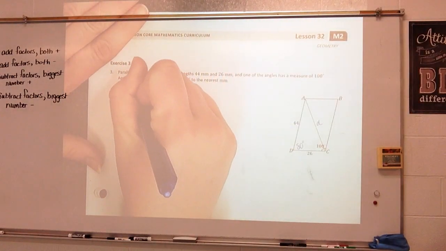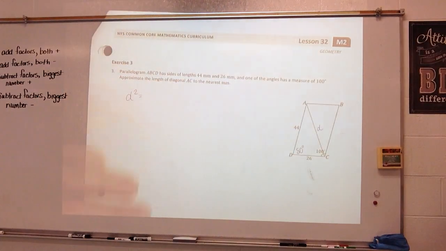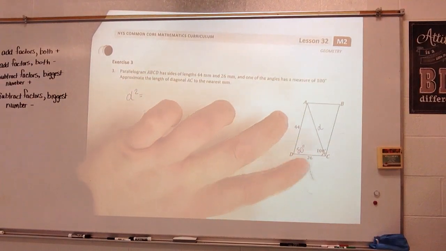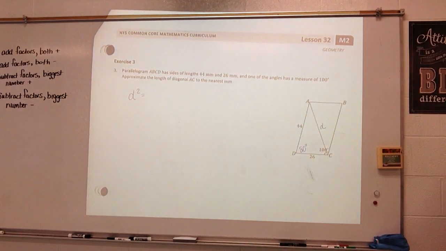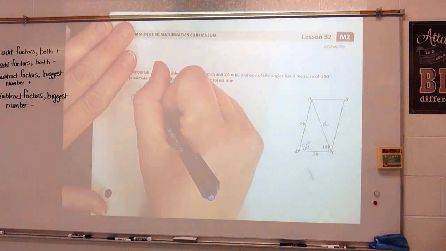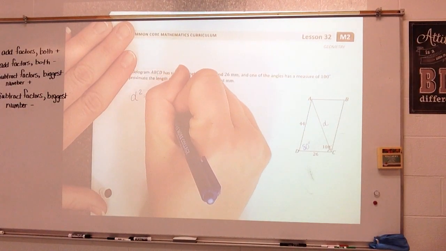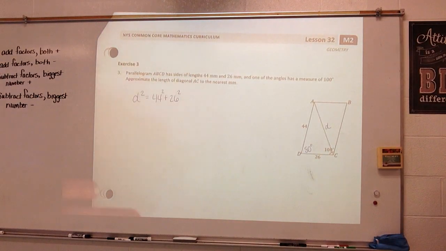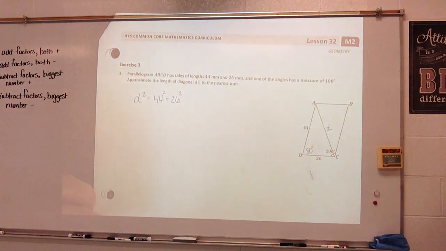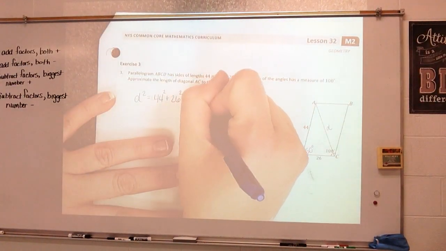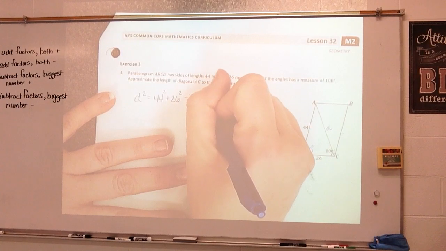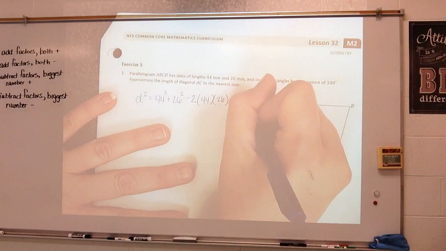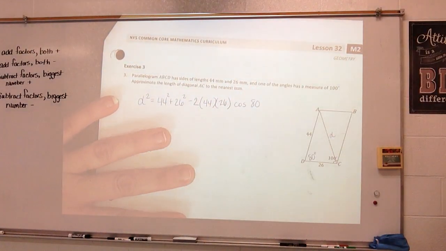So d squared is equal to, and the reason I'm using this triangle here is because I know the two measures of the angles, 44 squared plus 26 squared, minus 2 times 44 times 26 times the cosine of my angle, which is 80.